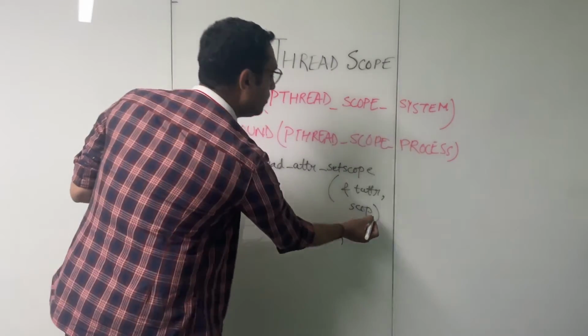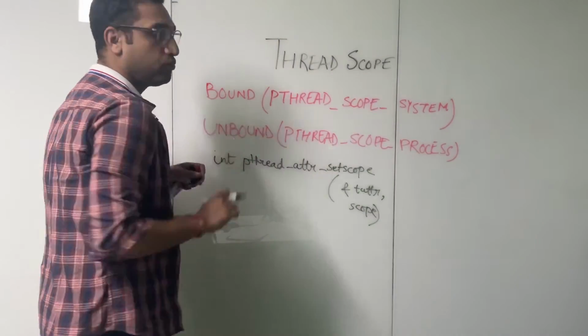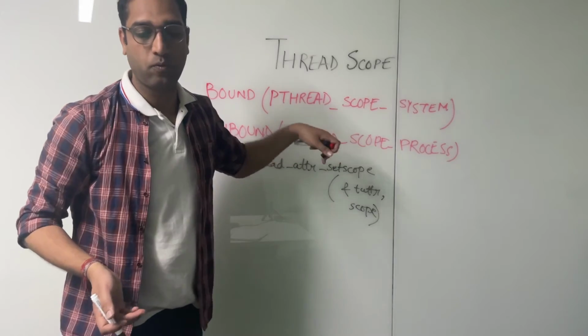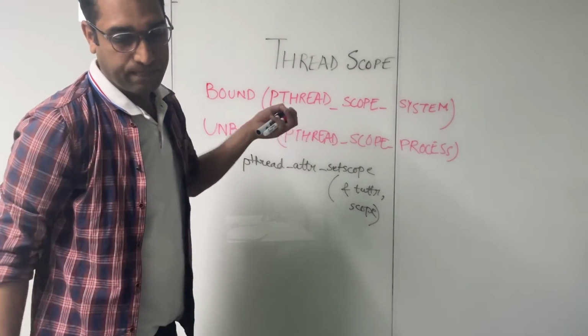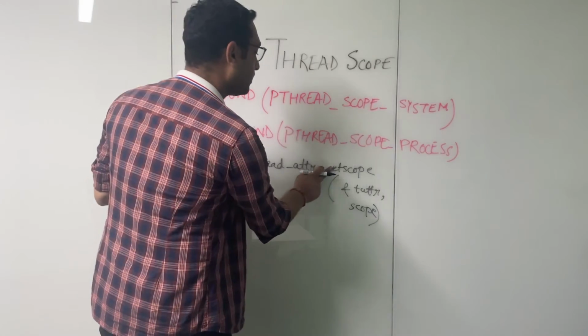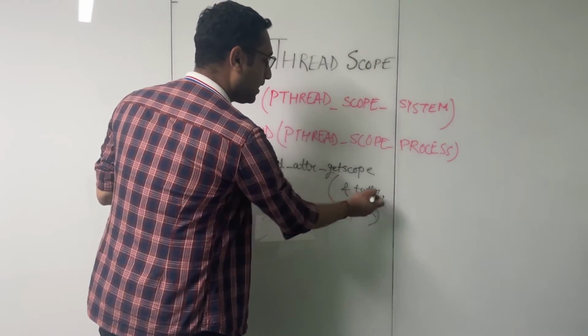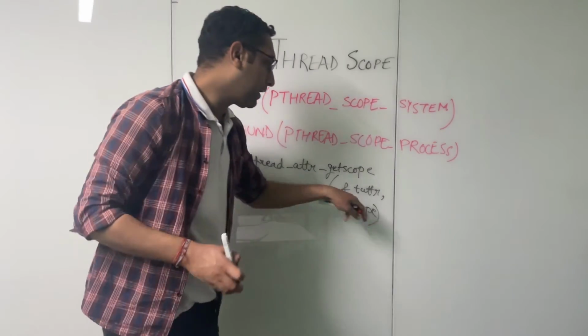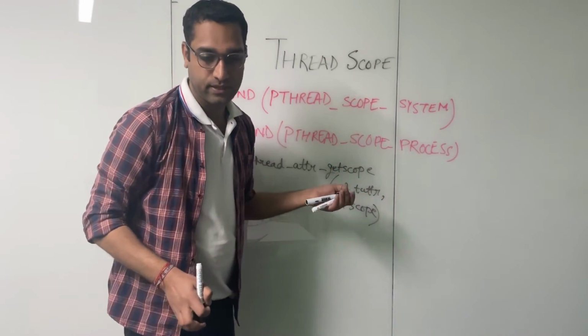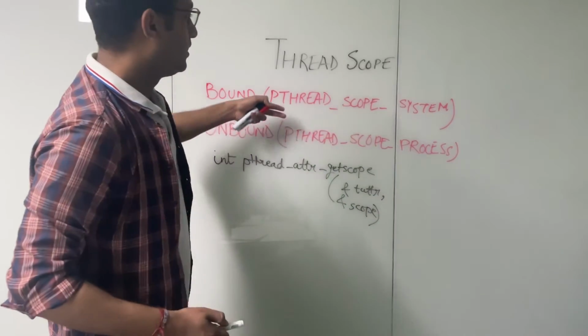Scope is an integer value. One of these two we will provide to set the scope of this particular thread, and again it has a cousin that would be get scope. Again we will provide an attribute and a reference integer so that it can collect what the scope actually is. And again these two values.